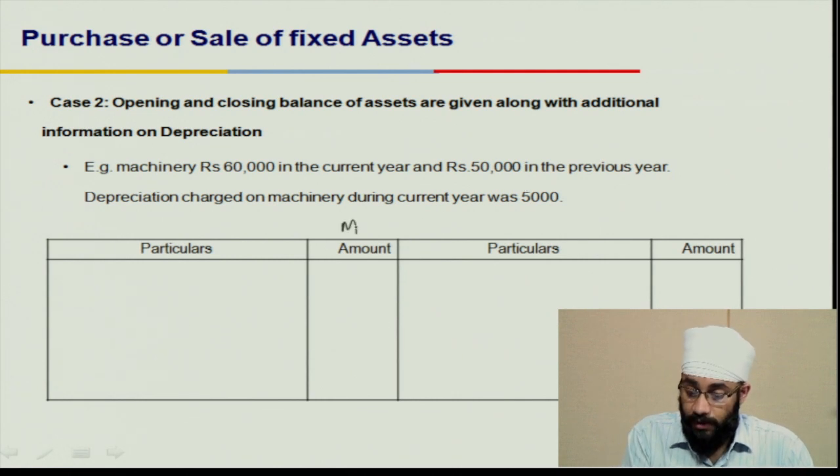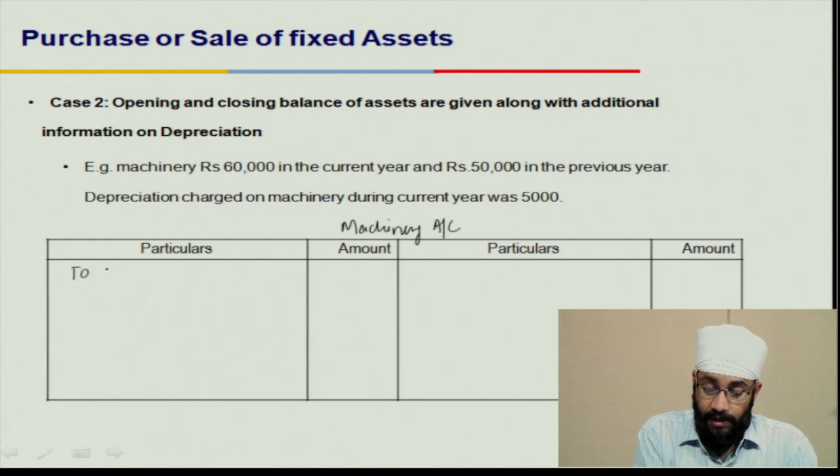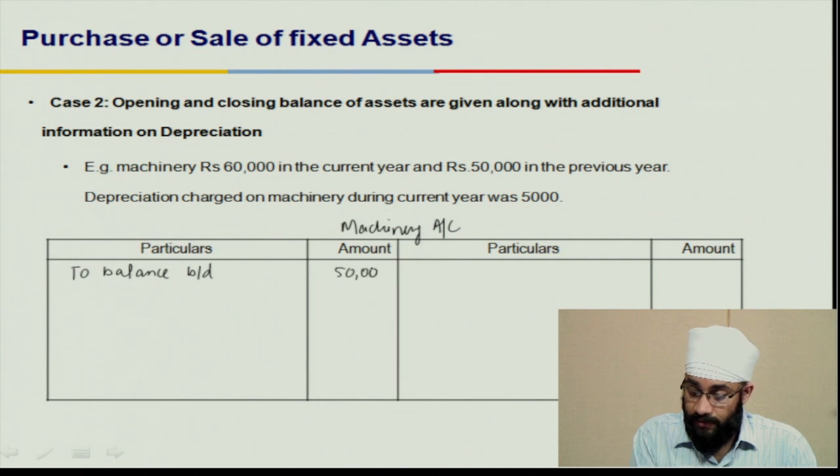So we need to prepare a machinery account. Machinery being an asset will have a debit balance. Opening balance is 50,000.